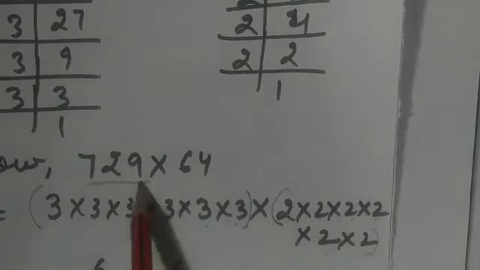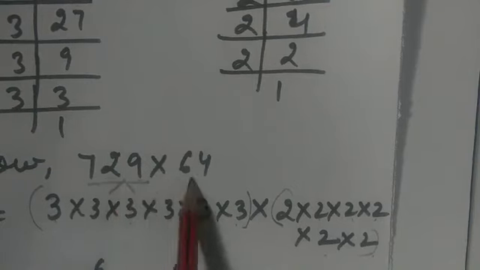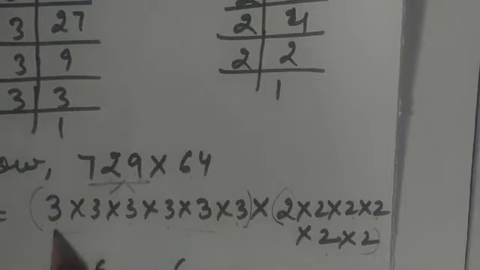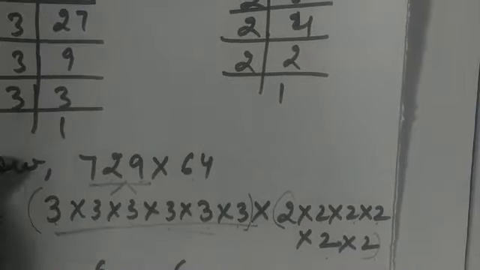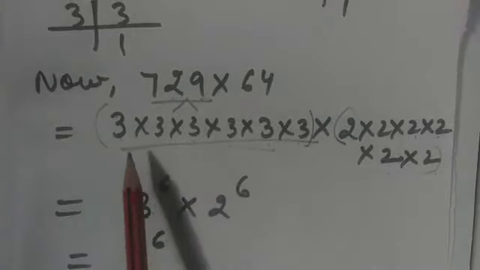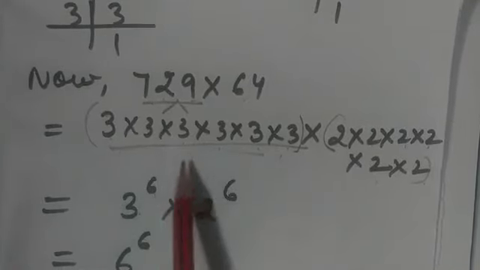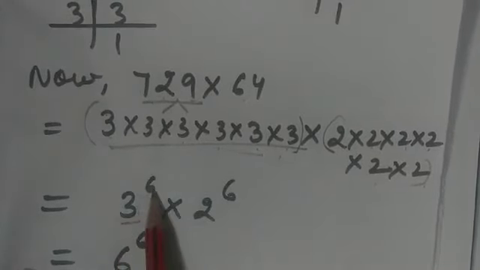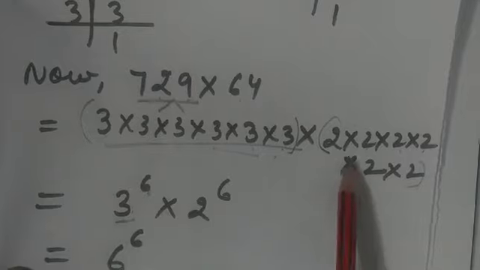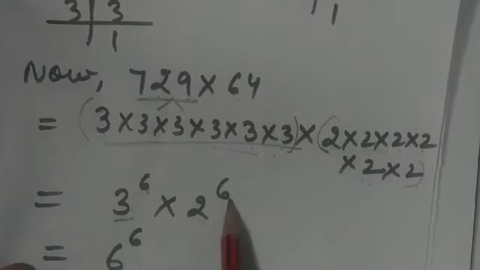Okay, I have expressed these numbers as a product of prime factors. This can be written as 3 raised to the power 6, because here I am observing that 3 is multiplied 6 times. And this can be written as 2 raised to the power 6.